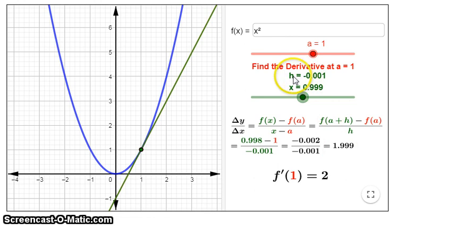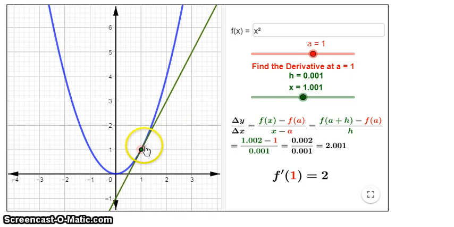Okay, I'm at my smallest h value, negative 0.001. I'm almost at 2. As I go one more to h equals 0, then I get an undefined slope. I'll go one more past that, and my slope calculates to 2.001. So again, it seems reasonable that my slope at that point should be 2.